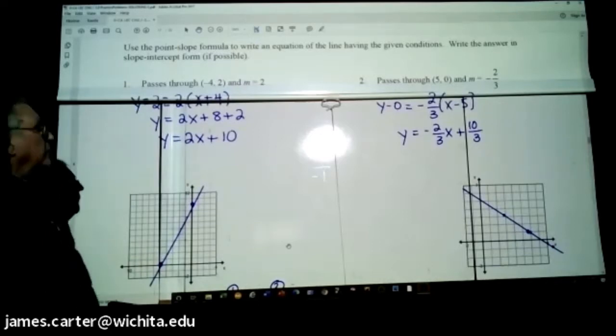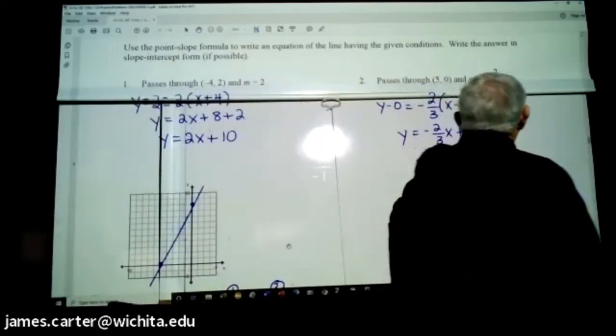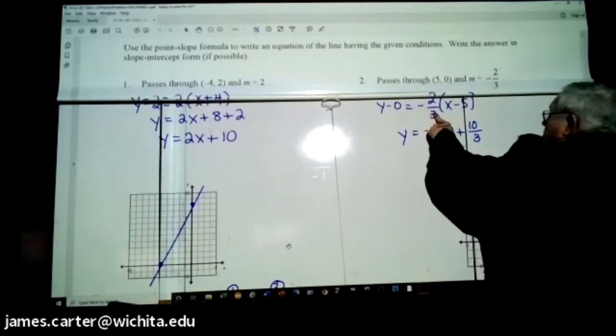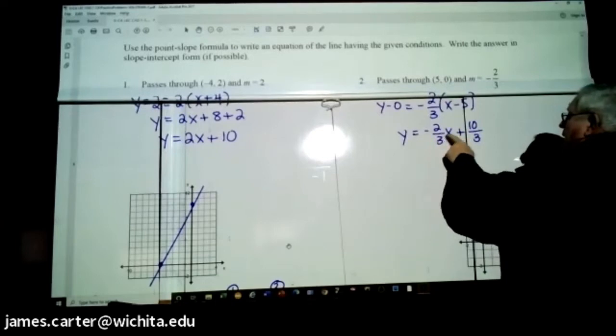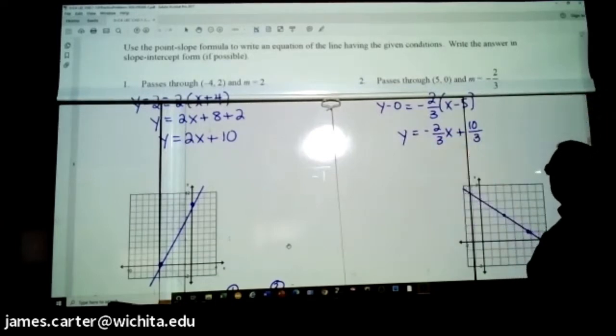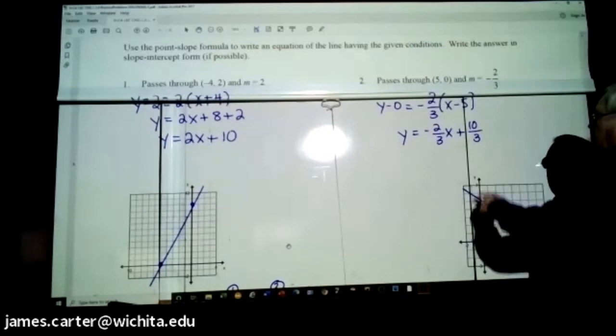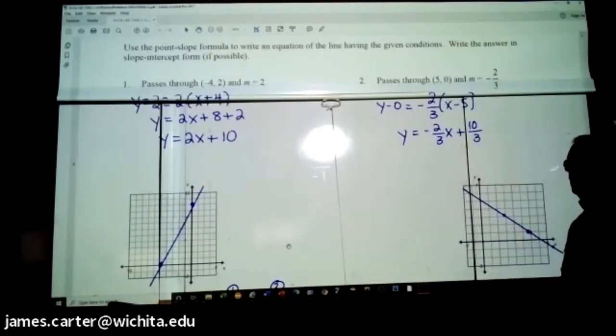Over here, we substitute in, the slope is negative 2/3, y is 0. Here we have the 5, negative 2/3 plus 10/3 after we distribute, and that won't simplify. So for the graph, 10/3 is 3 1/3, right up here. I don't know what this is the graph of.